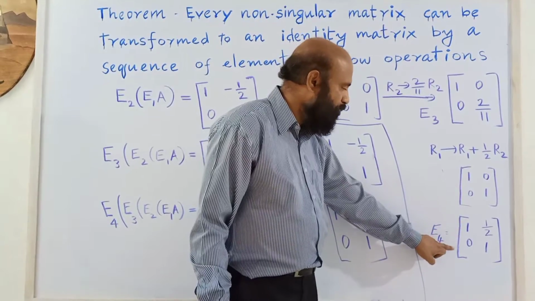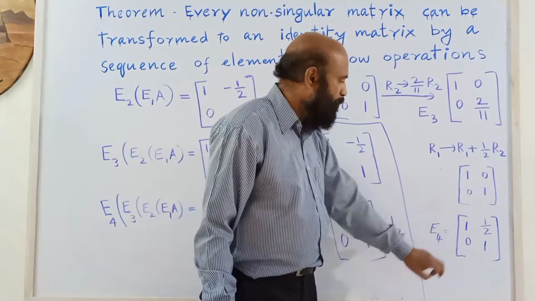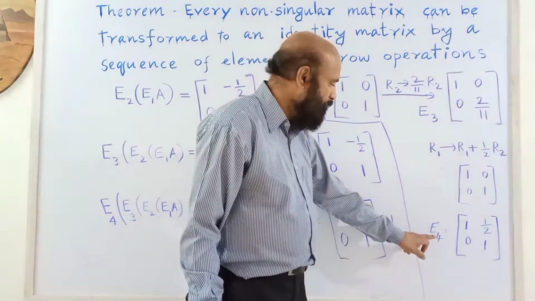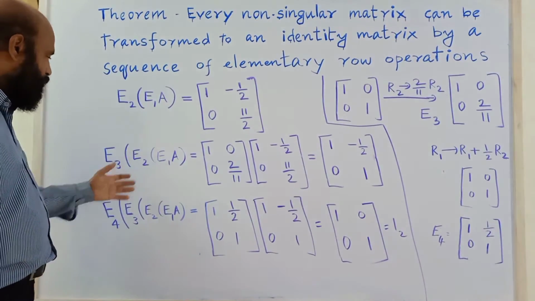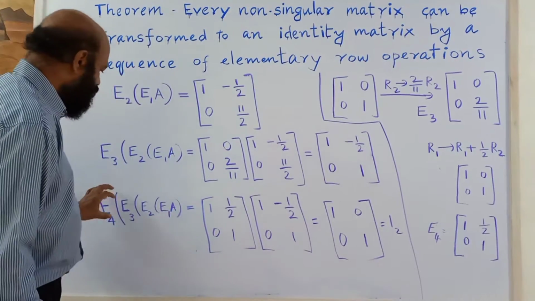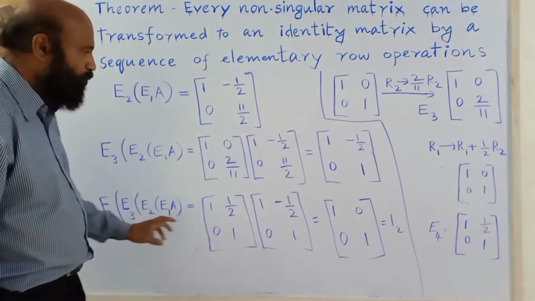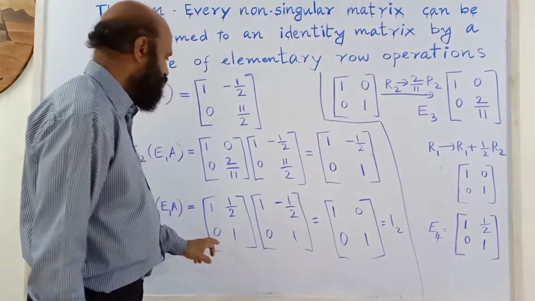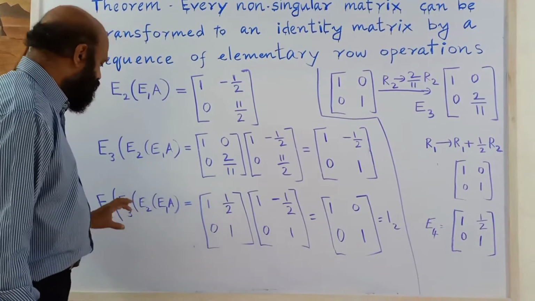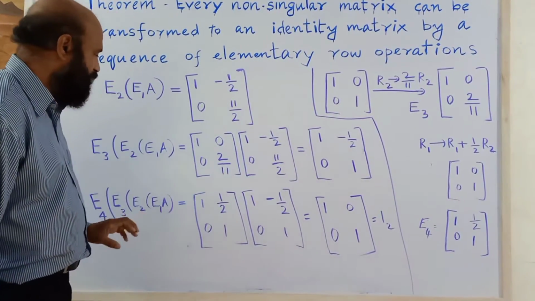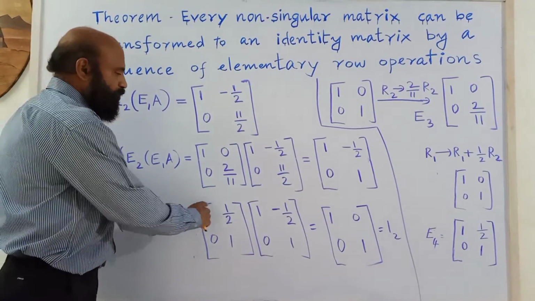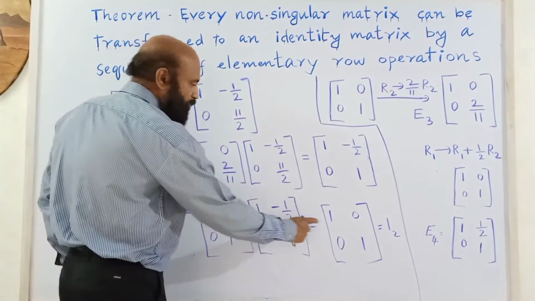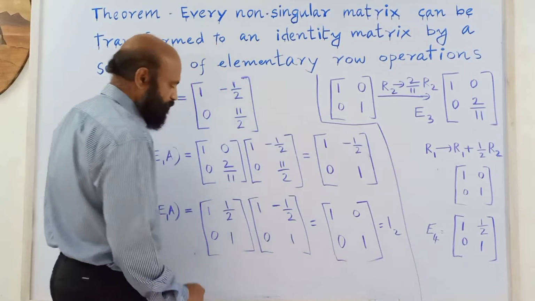What you are getting is called an elementary matrix. For that you give the name E4. Pre-multiply this matrix by E4. The E4 is this matrix. You multiply this matrix by this one. Pre-multiply. So when we multiply these two matrices, you will get like this.